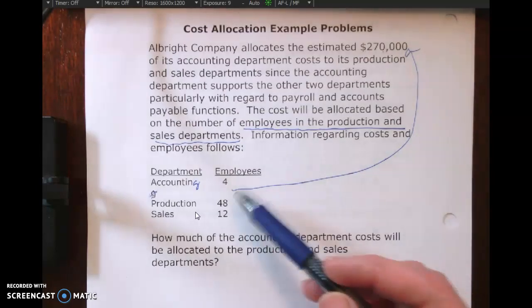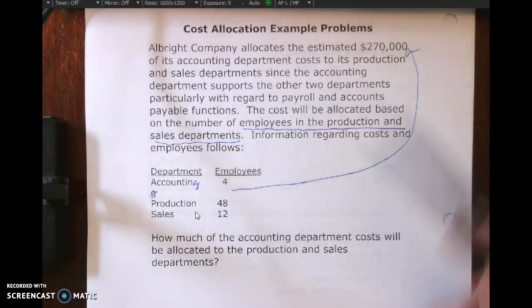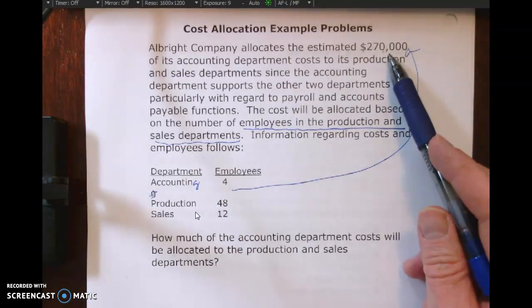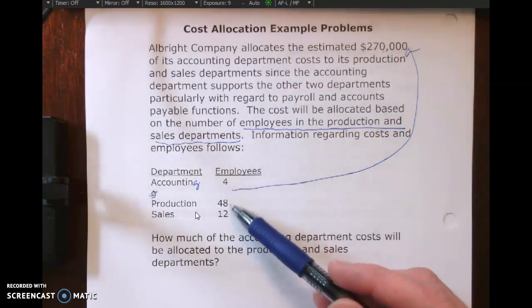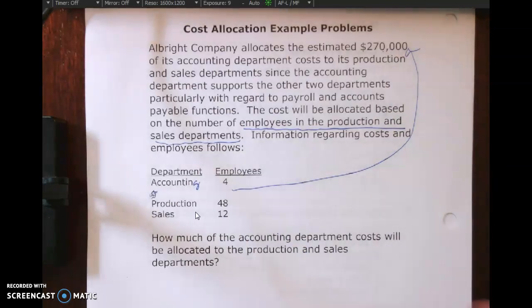Now, the way that we're going to allocate this $270,000 to production and sales is a very similar process. The mechanics are pretty much the same as what we did with job order costing in terms of applying overhead. We calculate a rate, and then we multiply that rate times the amount of allocation base used.